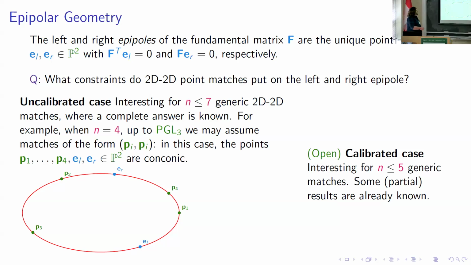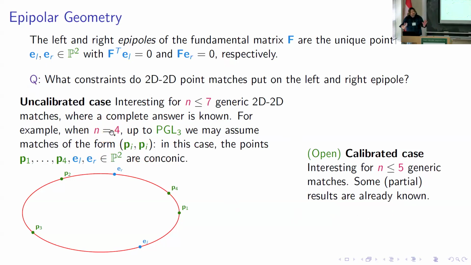Part of the reason I introduce the 7 and 5-point problems is because this is telling us the range of interesting scenarios for this question in both a calibrated and uncalibrated case. In the uncalibrated case, we basically have an answer for generic 2D correspondences. I can tell you, for example, what this looks like if you have 4 2D correspondences.